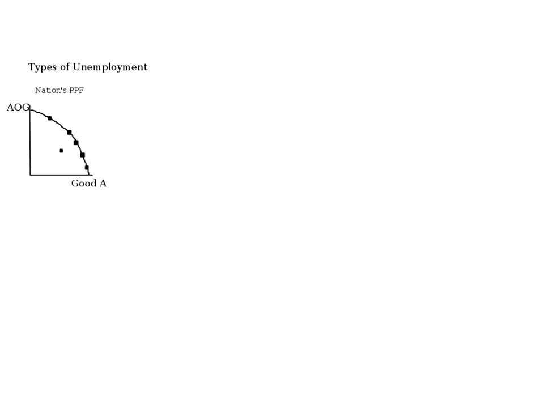The main concern then is for the unemployment that exists when we are inside the PPF, okay? Because when we're inside our PPF, it means that the entire economy is not creating enough jobs to employ everybody.